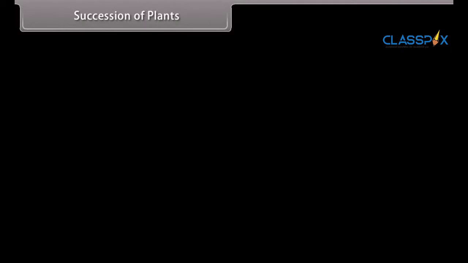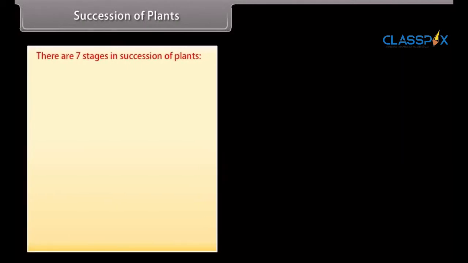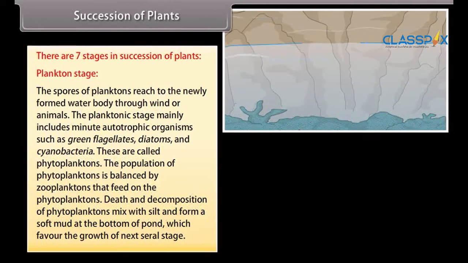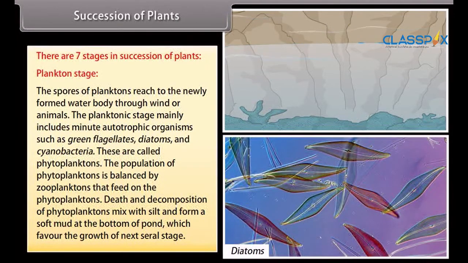Succession of plants. There are 7 stages in succession of plants. Plankton stage. The spores of planktons reach a newly formed water body through wind or animals. The planktonic stage mainly includes minute autotrophic organisms such as green flagellates, diatoms and cyanobacteria.